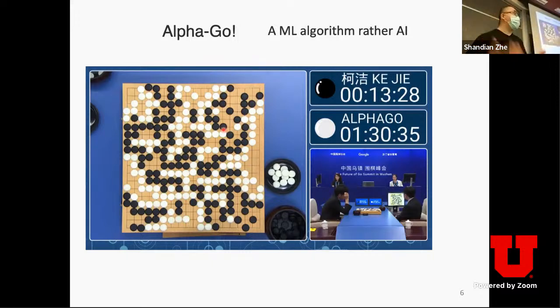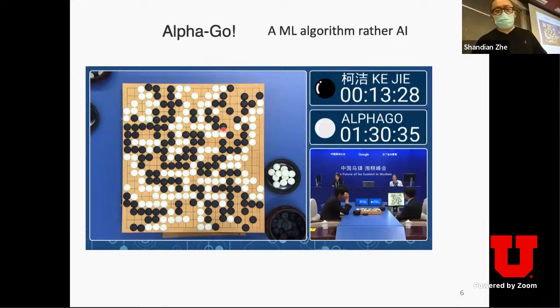Then when you play with human beings, at every step you search your big database for which next step will win the game at the end. This is kind of ideal, but in practice it won't be feasible, because the total number of games you can play is a huge number. I cannot memorize the magnitude, but it's much larger than the total number of atoms in the universe. So it's not possible.